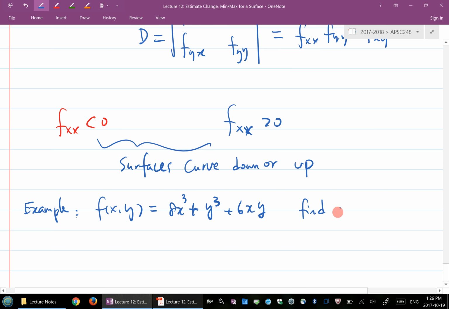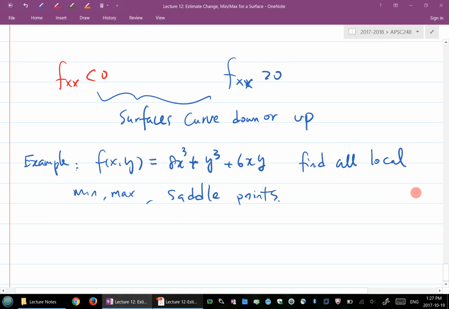Find all local min, max, or possibly saddle points. On all of these possibilities, we don't know, right? At this stage, they're all possible. So you have to go through the process to find out the exact information.